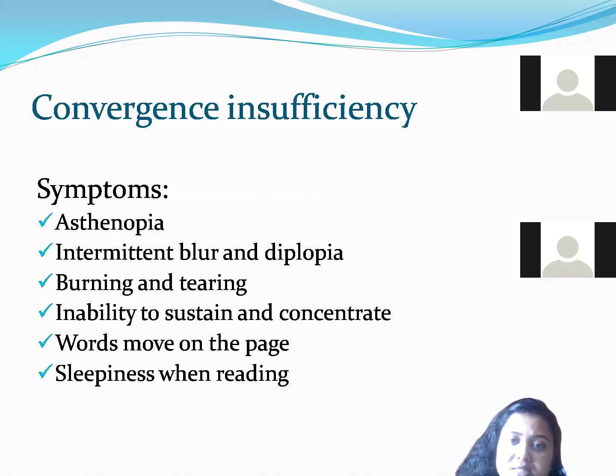Why does this happen? This happens due to a lack of fusional vergence reserve. What is a fusional vergence reserve? Suppose for reading at near, I have 35 diopter of positive fusional vergence reserve. Anything lesser than 35 diopter demand, I should be able to converge and see.